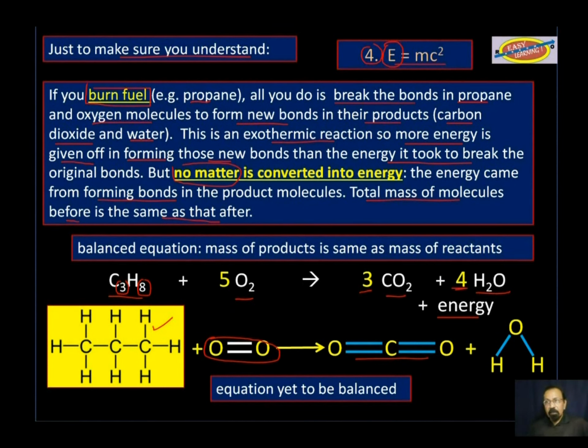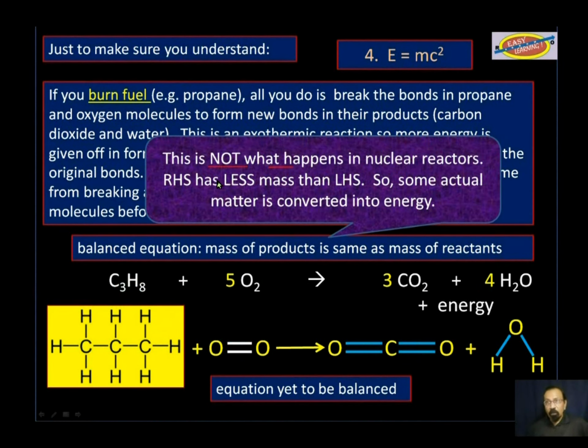Now the mass of the products on the right hand side here, carbon dioxide and water, is the same as the mass of the reactants, which means that all the energy came from, as I said, breaking bonds on the left hand side and forming new bonds on the right hand side.